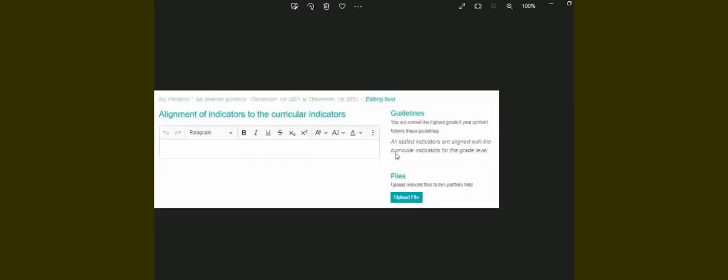Now, NTC says that all stated indicators are aligned with the curricular indicators for the grade level. So, the curriculum has provided its own indicators already.